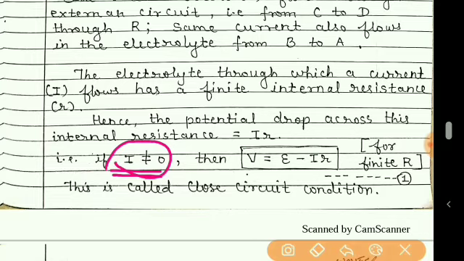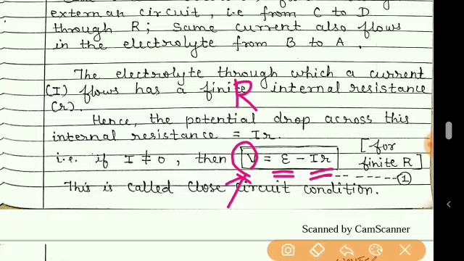When the current was 0, V was equal to epsilon, but now the current is flowing, and so this much potential is dropped across the internal resistance, and so now the potential across resistance R in the external circuit, or across the 2 points of the electrodes, called the terminal voltage, will be equal to epsilon minus Ir.